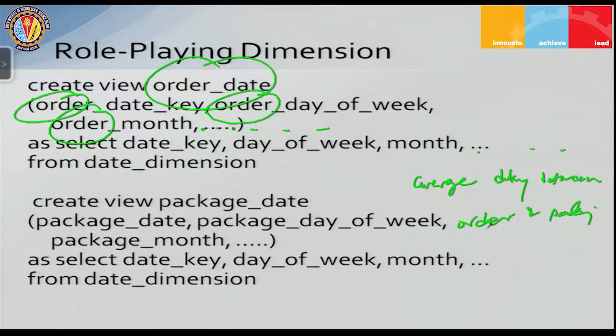So I can find out the average delay between order and packaging. Similarly, I would try to find out the delay between packaging and shipment date. And then I'll try to see which is the major bottleneck in the system, and then I may try to address that. So by creating these views in place, I can do lots of different kinds of analysis on the data warehouse, which can be useful in decision making.